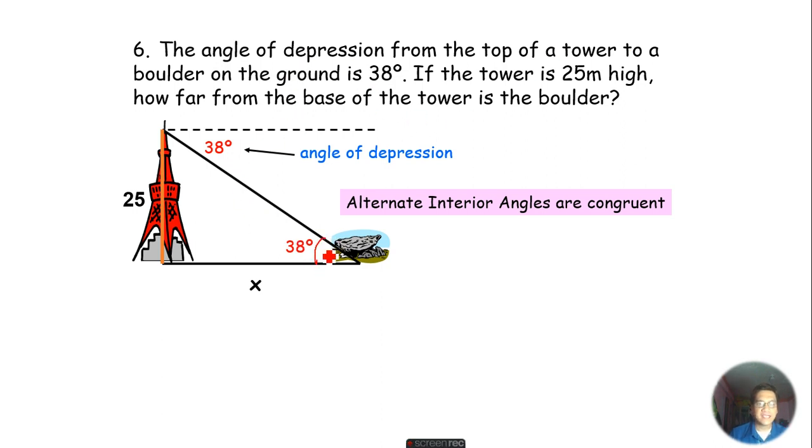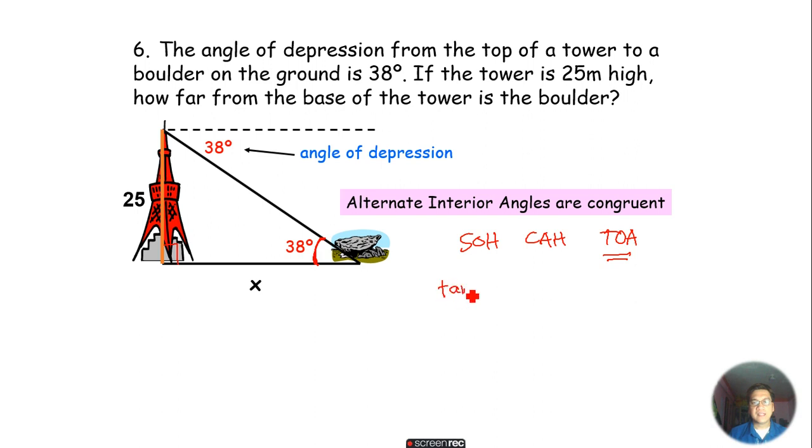So if we have this as our angle of elevation, this is our right triangle. What are we going to use? Again, that's SOHCAHTOA. Now let's look at this. I have an opposite and an adjacent, so that is tangent.